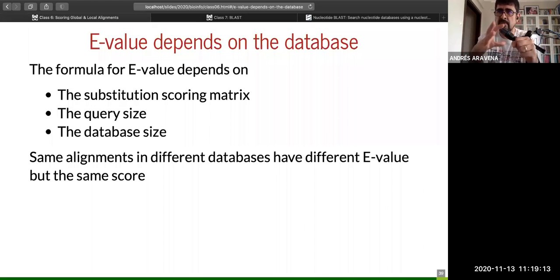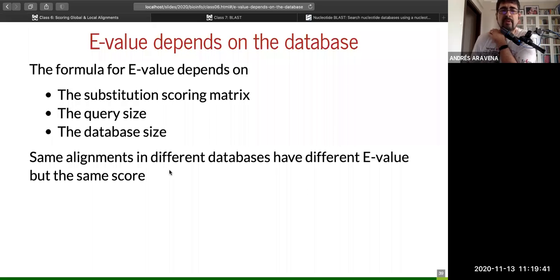RefSeq is part of GenBank. So if you look for the sequence in GenBank, your e-value will be larger than if you choose the same sequence in RefSeq, even if the result is the same, because it depends not only on the query and the subject, it also depends on the database size, depending on the context.